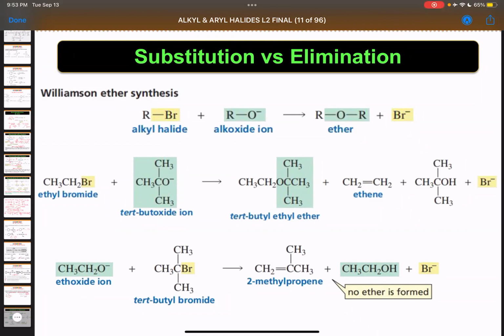Yes, sir. Okay, so this is the same, but why I am discussing it here is because you need to know the mechanism, whether it is substitution or elimination, which one is happening where.